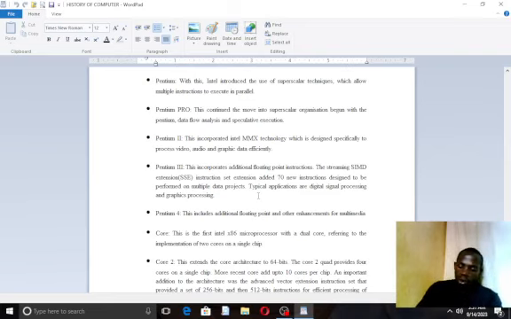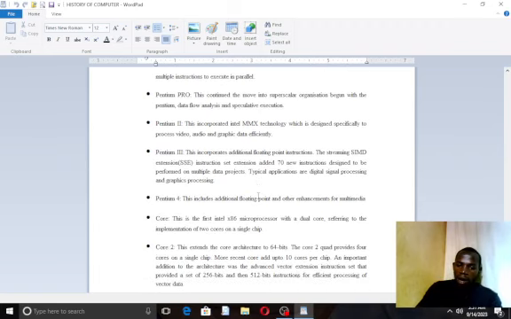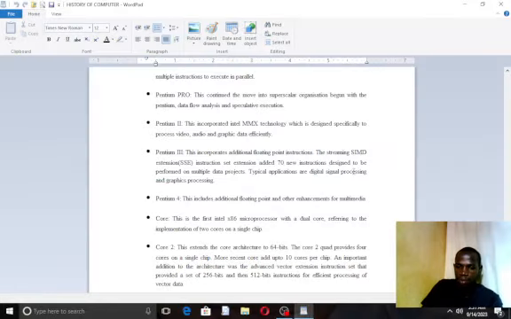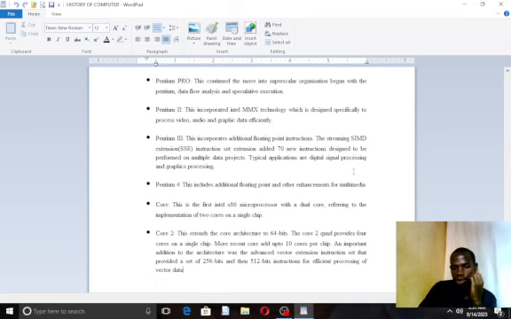We went to Core. The Core is the first Intel x86 microprocessor with a dual core, referring to the implementation of two cores on a single chip.